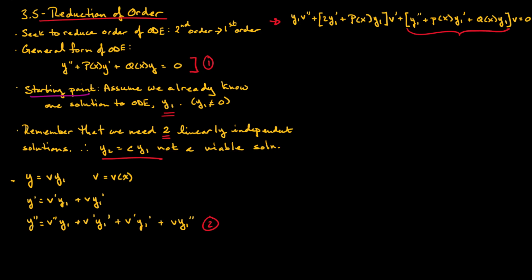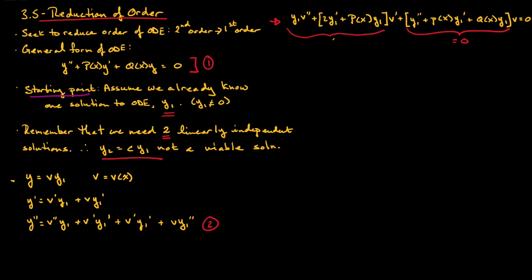We notice that this is essentially our second order ODE with solution y1, which we know to be a solution to the ODE, so therefore all of this is equal to 0. So all we are left with now is this remaining term here.